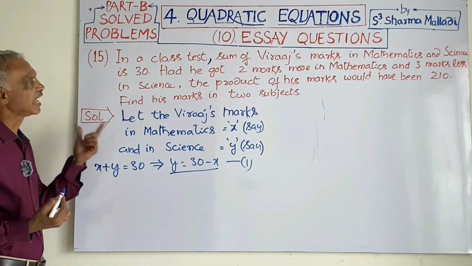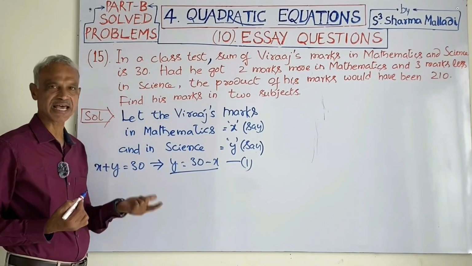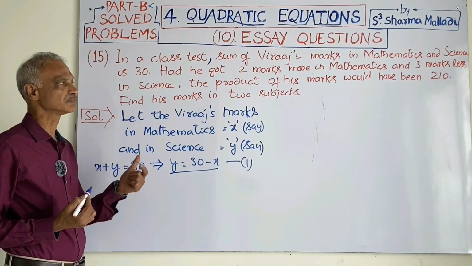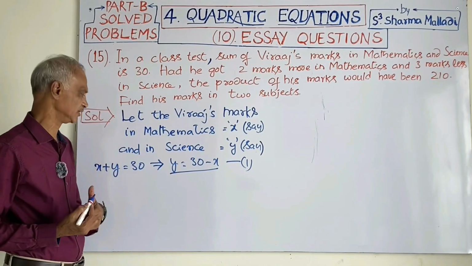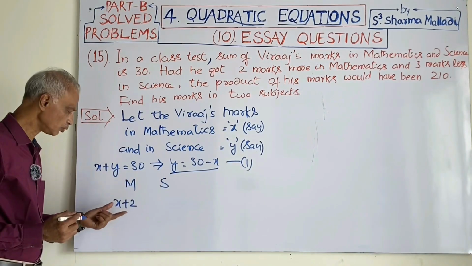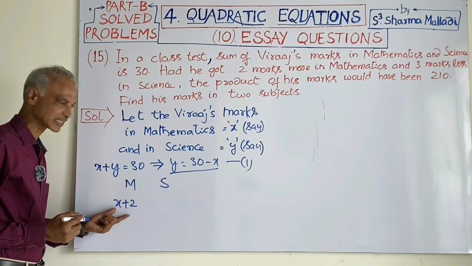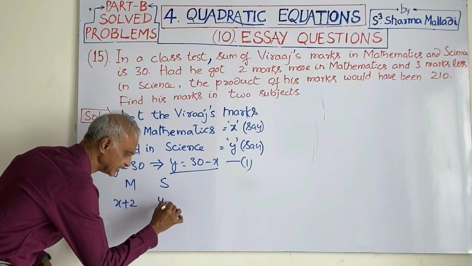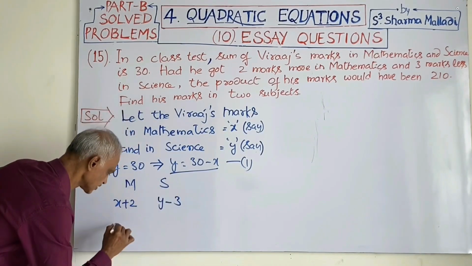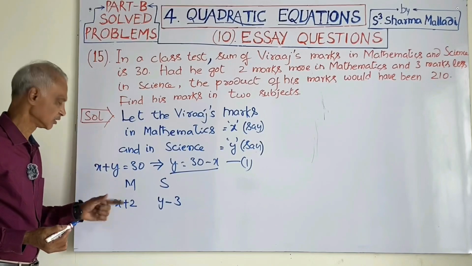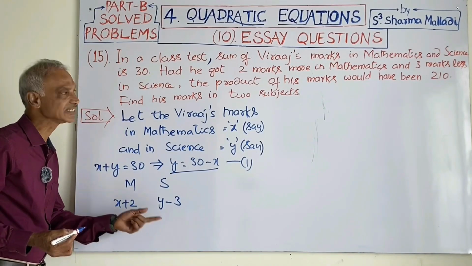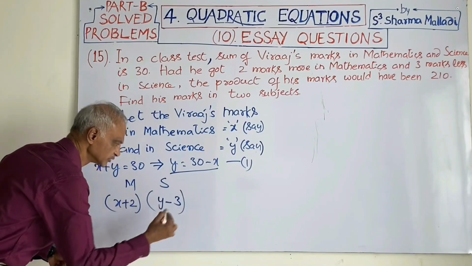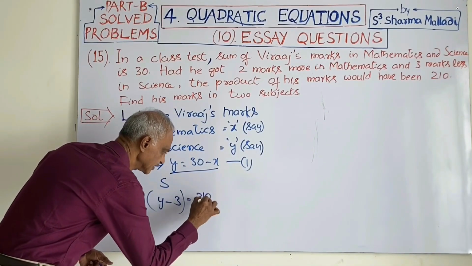Now, had he got 2 marks more in maths and 3 marks less in science, the product of his marks would have been 210. That means X plus 2 in maths and Y minus 3 in science, and the product of these 2 marks is equal to 210.